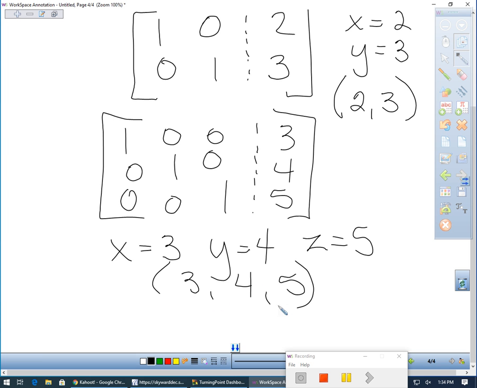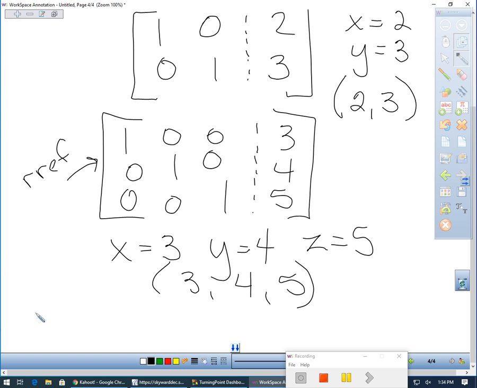So now we get to learn how to use the calculator to find the answer for our matrices. Okay? This form of the matrix, just wait a minute. This form of the matrix always follows this RREF.